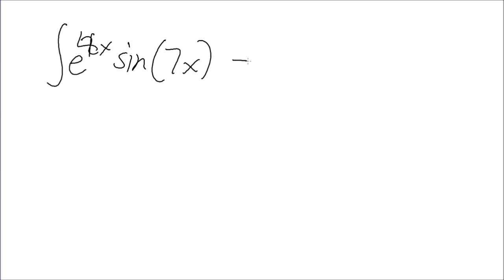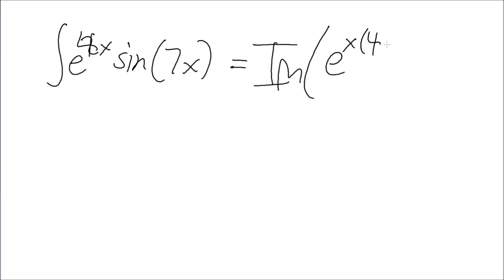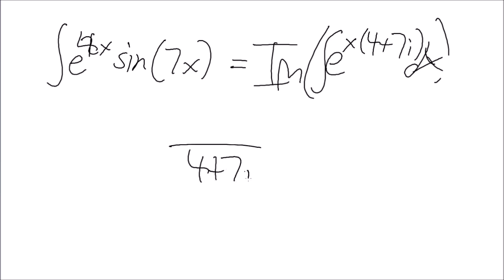And people would be like, okay, well, let's complexify this, and we get something like e to the (4 plus 7i)x. But the reason why I don't like this is because then you're going to have to deal with conjugating, or some nasty whatever.